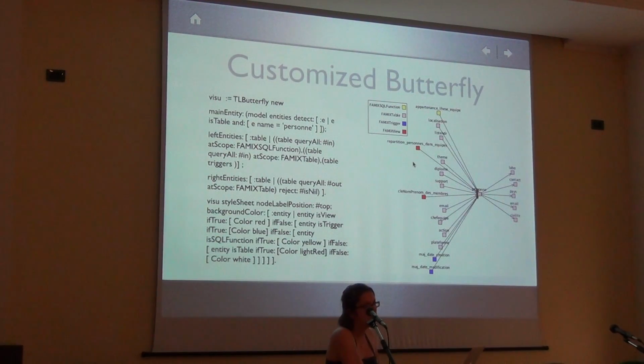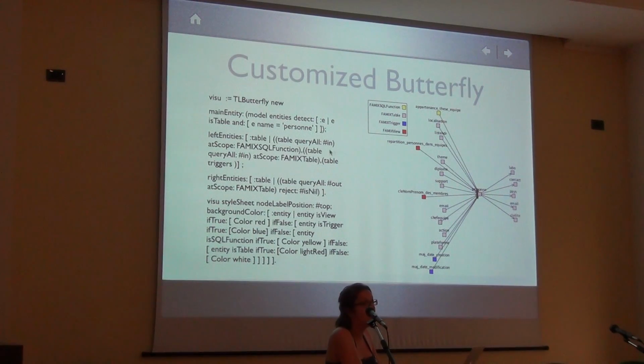So this one is the one that I have made as a user. So here, I have made my butterfly, my new butterfly visualization, my main entity. So it's an entity that I have taken from a model, so that's why it's a little bit difficult to find it. And after, I take advantage of this presentation to show you a quick overview of the new version of MooseChef.